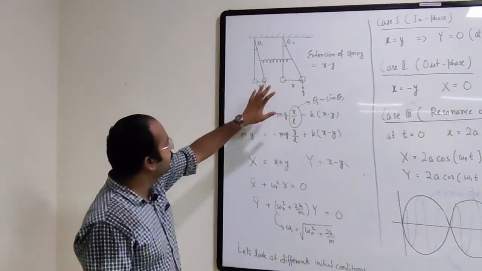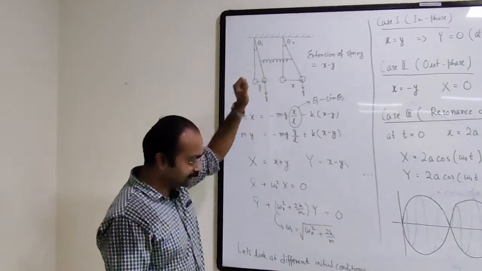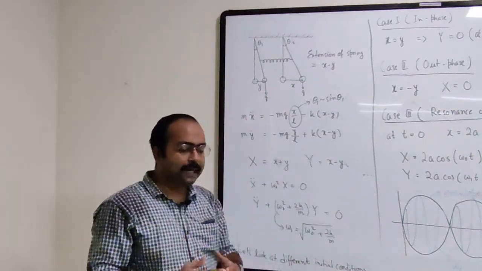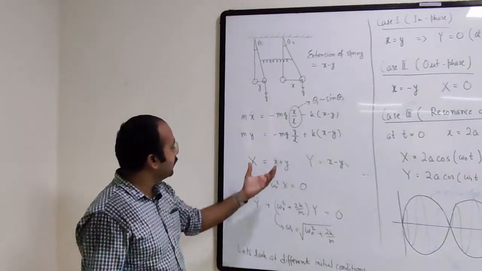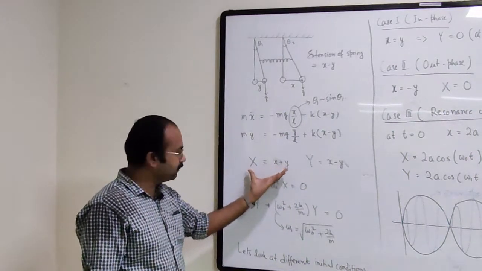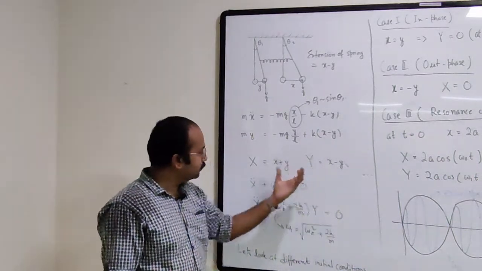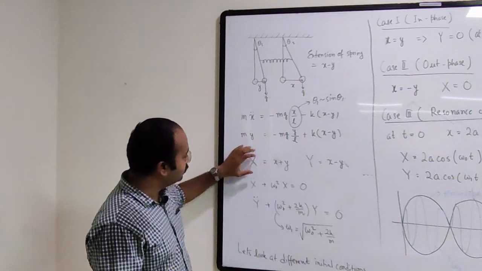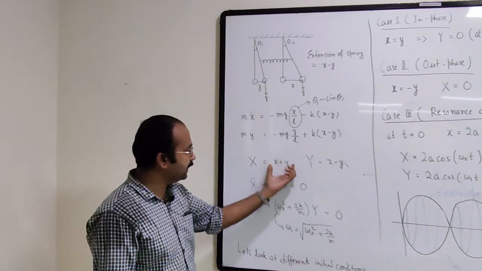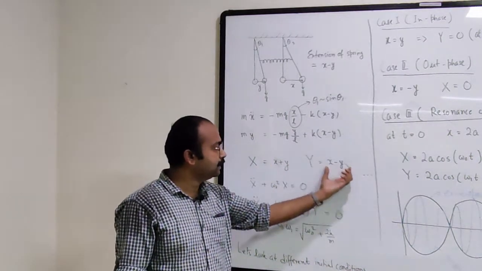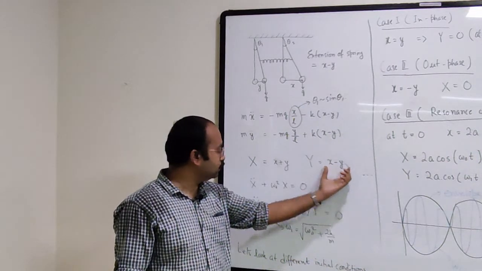Whenever you have a two-body system like this, it is often more useful to go to another frame of reference, which is essentially the center of mass frame of reference and the relative frame of reference. So you define big X, which is the center of mass coordinate, x plus y, and big Y, which is the relative coordinate, x minus y.